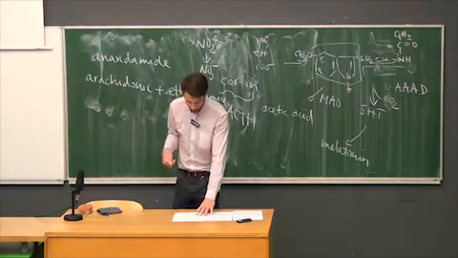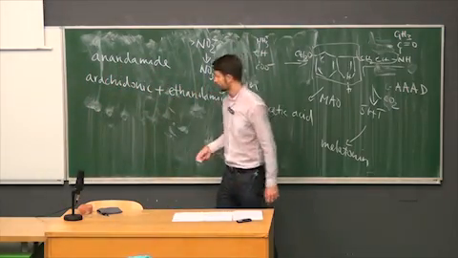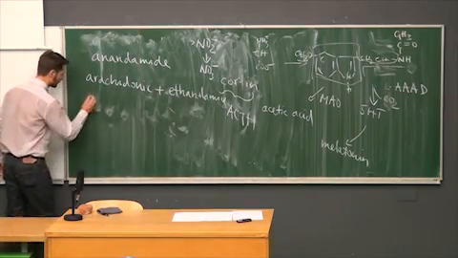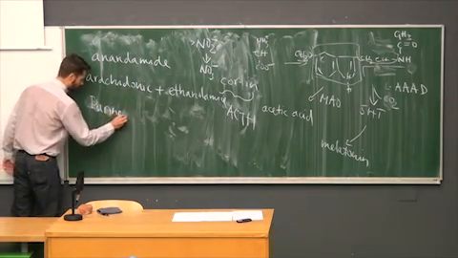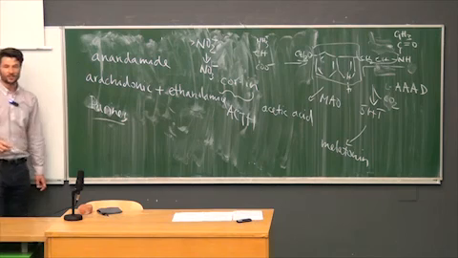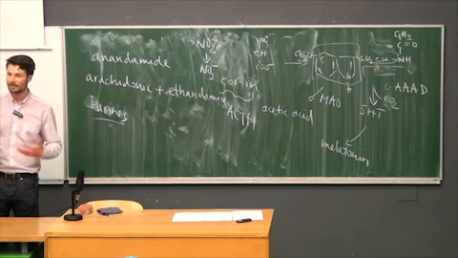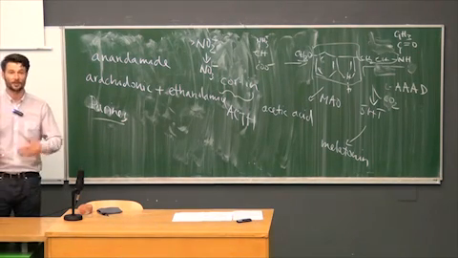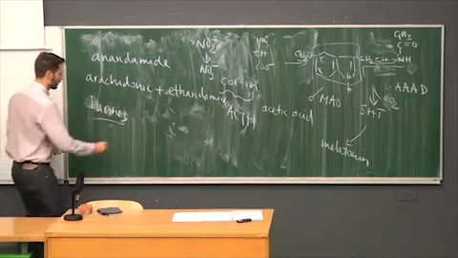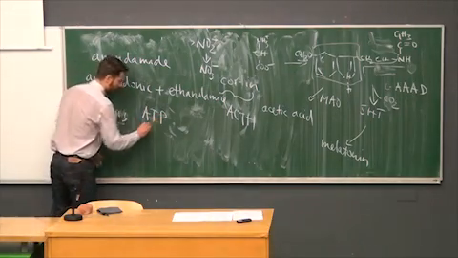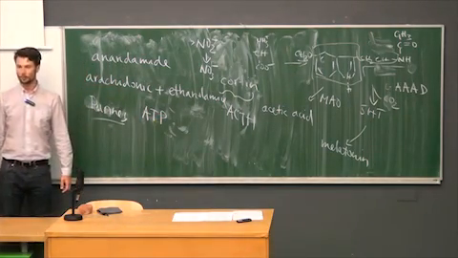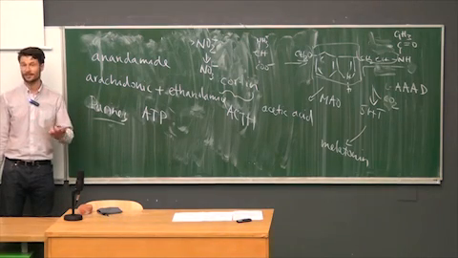And the final word is about purines. That's just to say that certain purines act as neurotransmitters or co-transmitters or neuromodulators. ATP is one, so ATP can actually act as a signaling molecule.